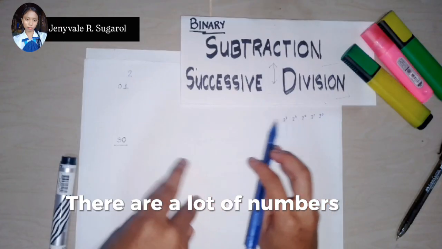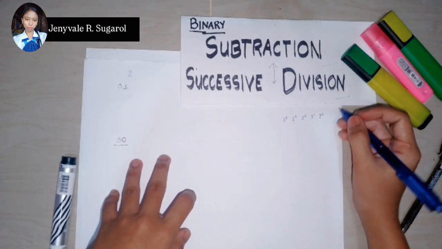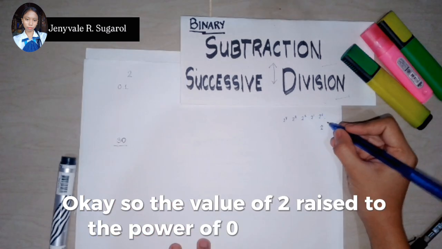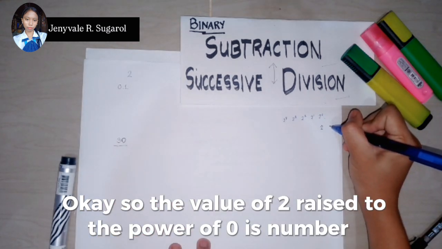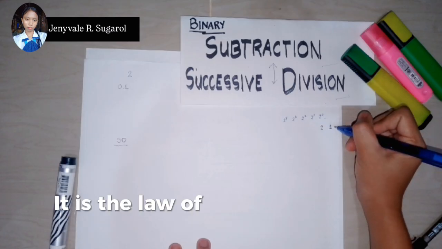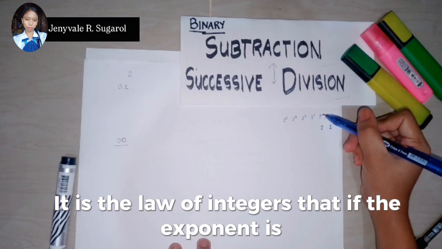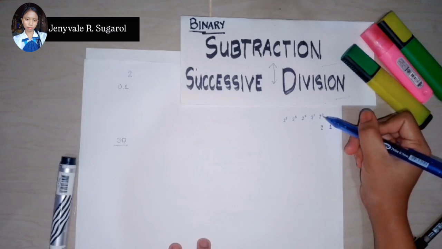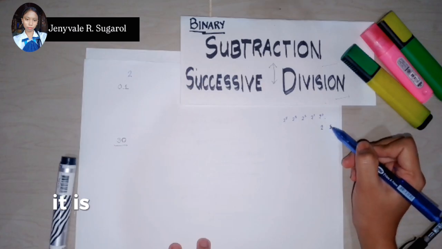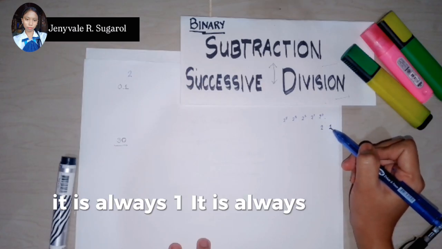There are a lot of numbers. It is infinite. The value of 2 raised to the power of 0 is 1. It is the law of exponents that if the exponent is 0, whatever the base is, it is always equal to 1.